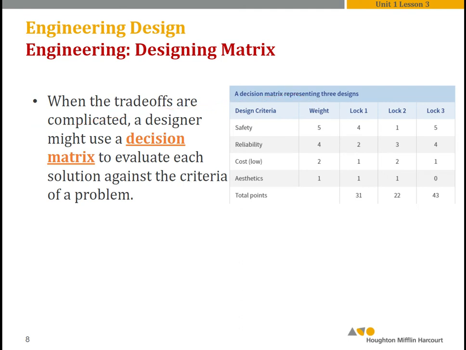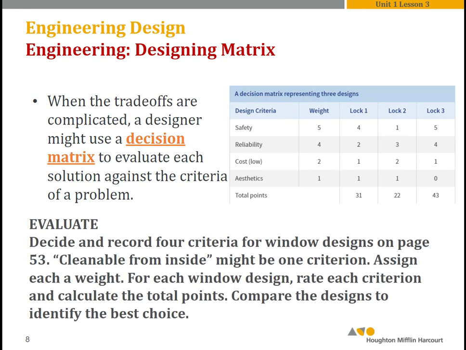In this design matrix, we see examples of different types of locks. In this first column that says weight, you're going to rank the criteria from least important to most important. So aesthetics is the least important criterion here. Safety, very important, because we're talking about locks for windows.